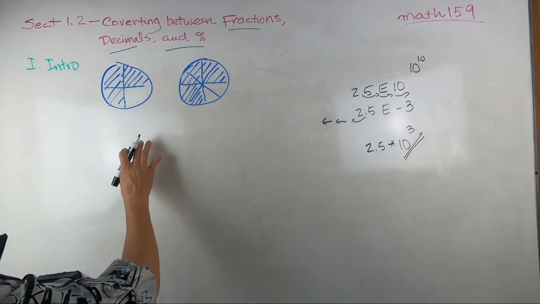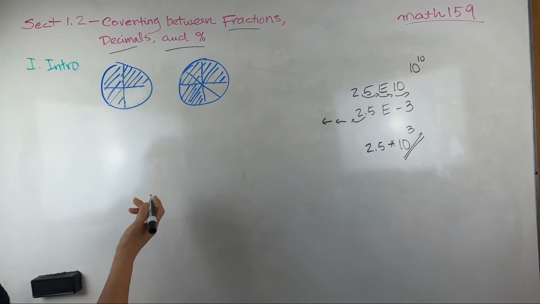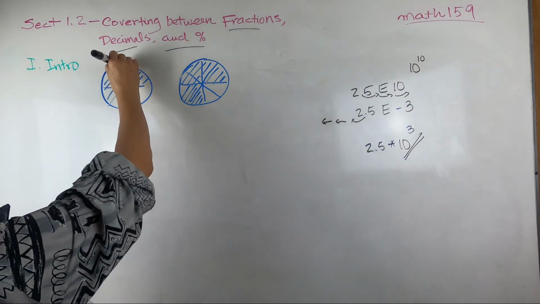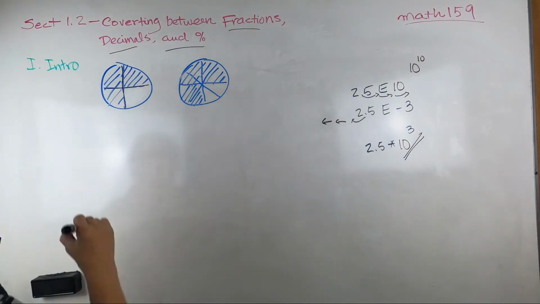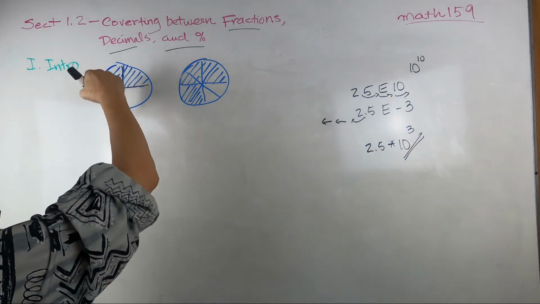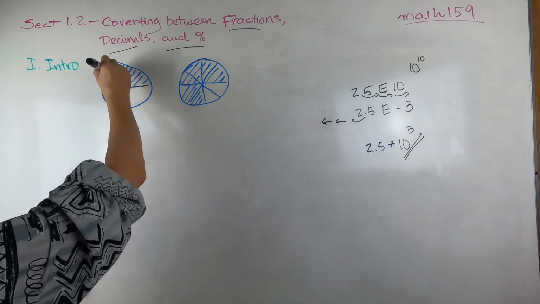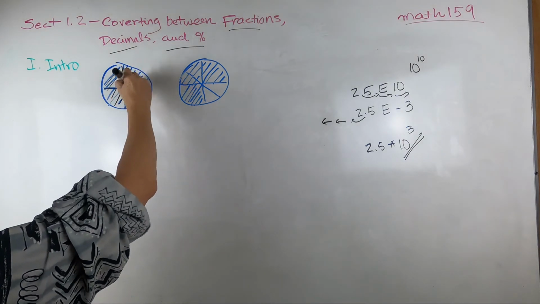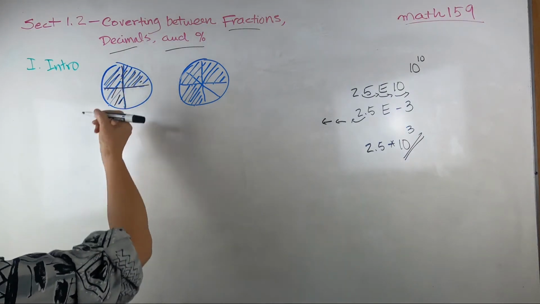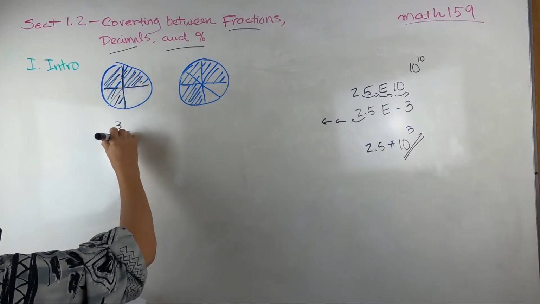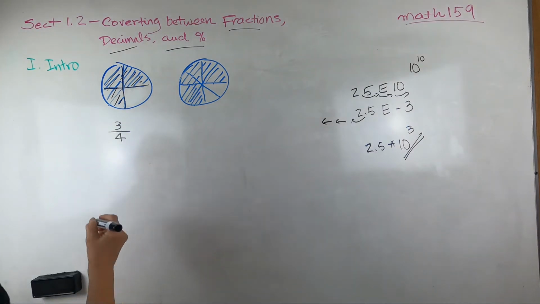If you look at this one, what's the shaded area? You split the whole place like a pie into 4 pieces. Then how many pieces do you take? 3. So it's 3 out of 4, right? A fraction means a part of a whole in general, okay?